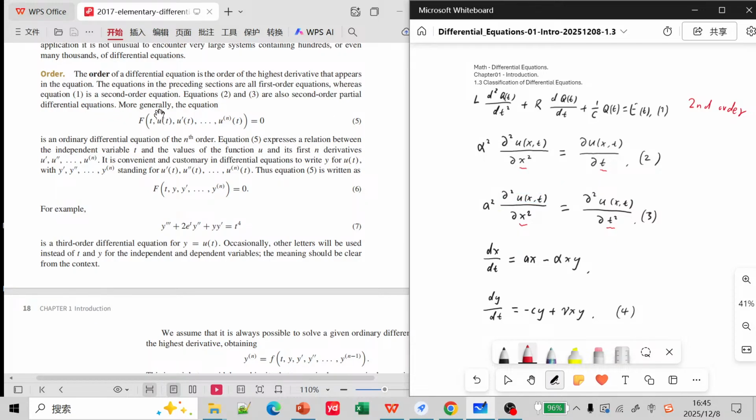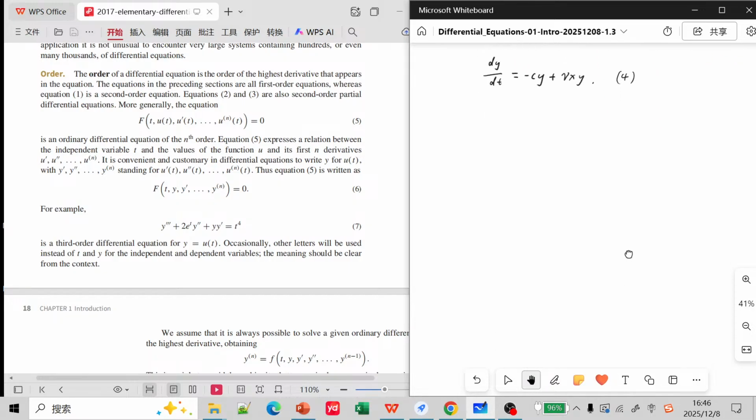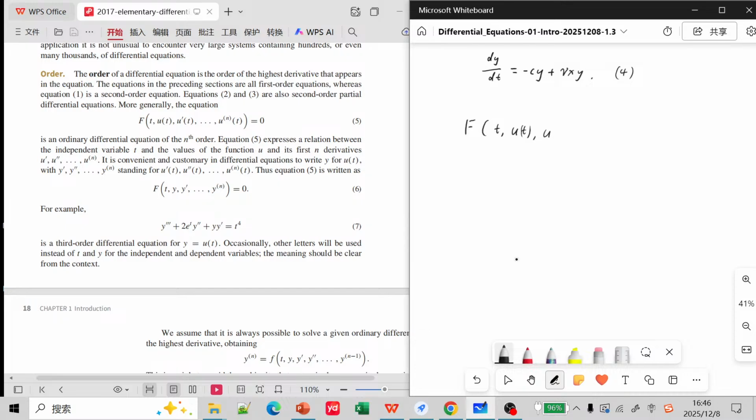More generally, the equation F(t, u(t), u'(t), ..., u⁽ⁿ⁾(t)) = 0 is an ordinary differential equation of the nth order.